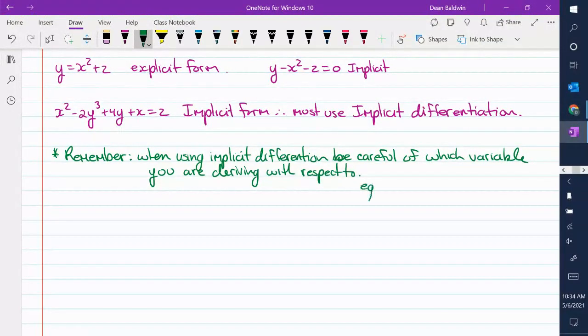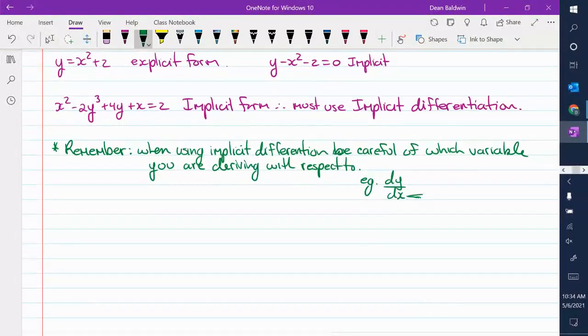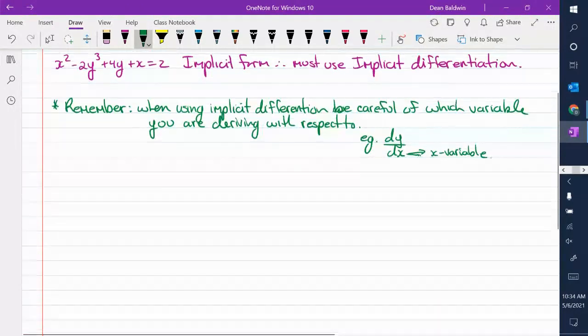So for example, if I say dy dx, x is the variable. We're deriving with respect to x.